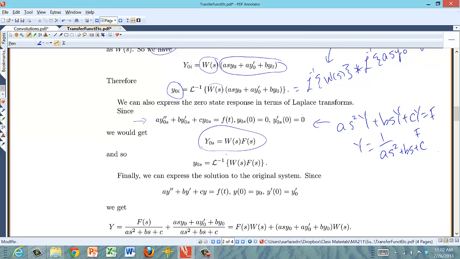So the Laplace transform of the zero state response is the transfer function again, 1 over A s squared plus B s plus C, times the Laplace transform of the forcing function.